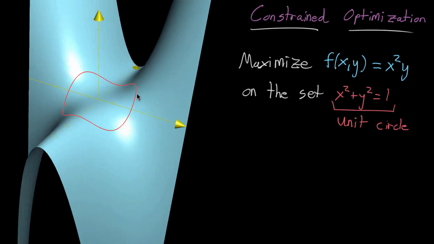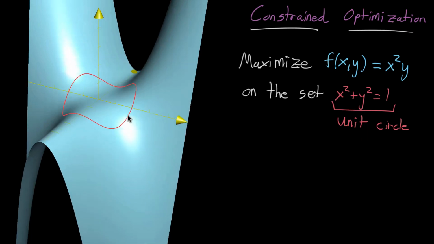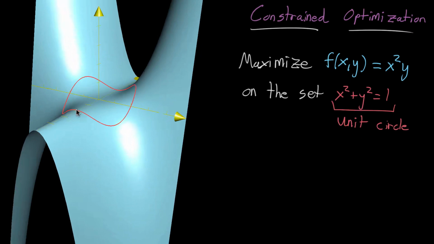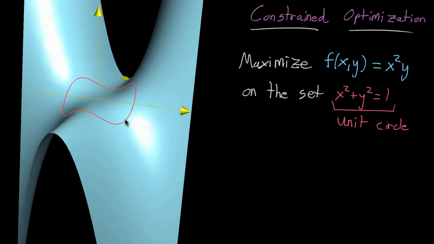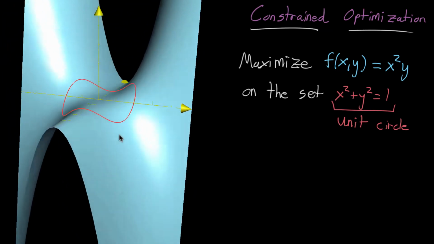So this shows the values where this constraint holds, and what they look like when graphed. A way you can think about a problem like this is that you're looking on this projected circle on the graph for the highest points. You might notice there's a peak on that wiggly circle, and over here there's another one. And then the low points would be around that point and around over here.